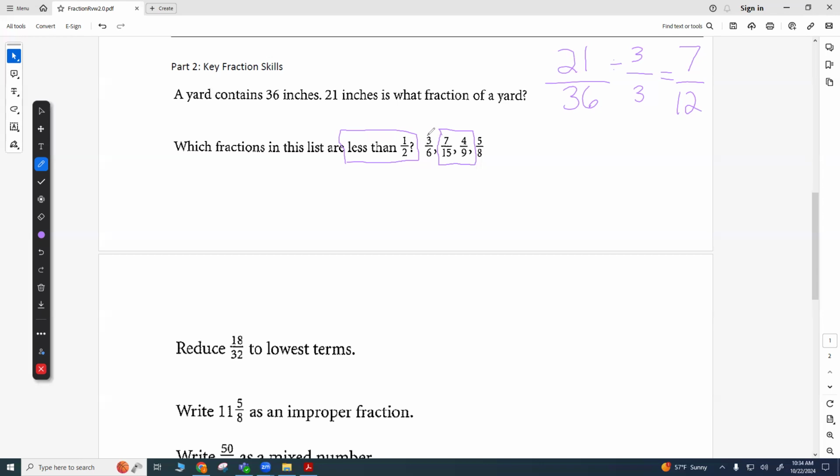And of course, if your numerator is exactly half your denominator, then you have half, right? And if your numerator is more than half your denominator, then it's larger than 1/2, okay? So we have equal to 1/2, right? And then this one is greater.